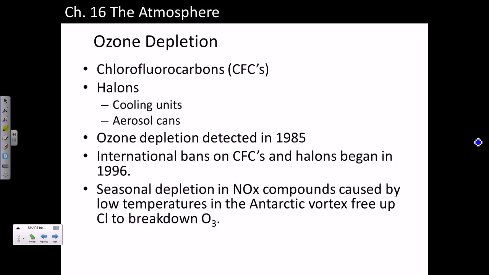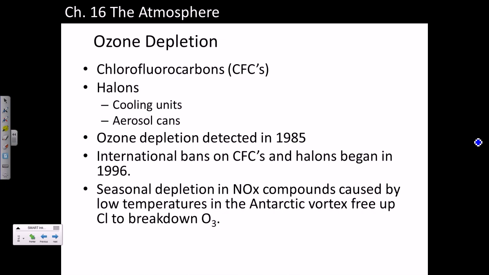The ozone depletion is possibly getting a little bit better. Like I said, we've stopped producing as many chlorofluorocarbons, so we stopped using aerosol cans in the same way, constructing them using the same chemicals. And this is back in the mid-'80s where this was detected, and by the mid-'90s, it became an international effort to stop the production of CFCs.